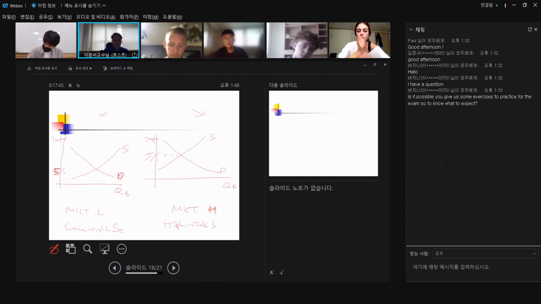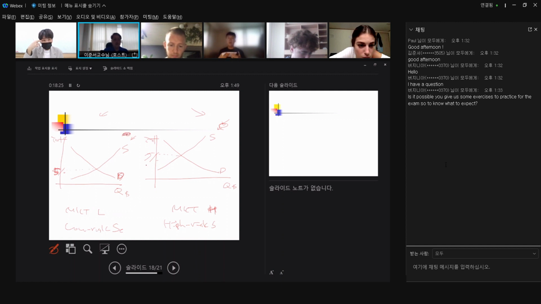So definitely in market H, where high risk securities are traded, the supply function is lower than the supply amount in market L, where low risk securities are traded. That's common, right? So this graph is closer to the y-axis than that graph.